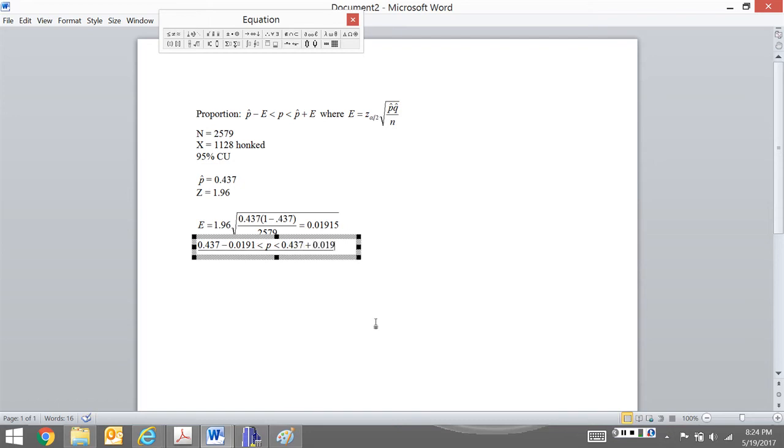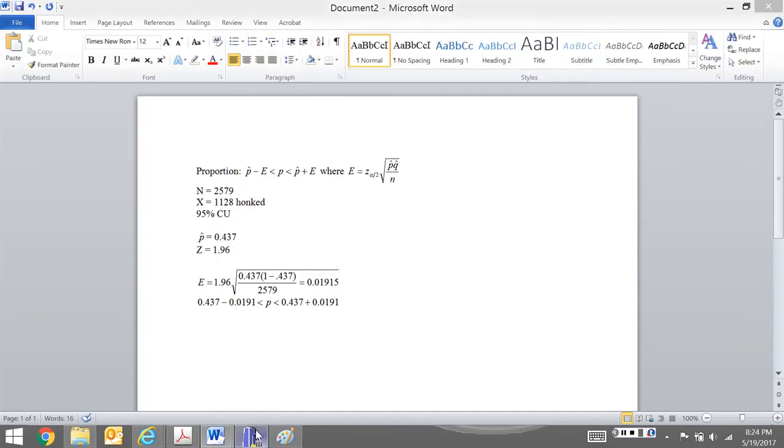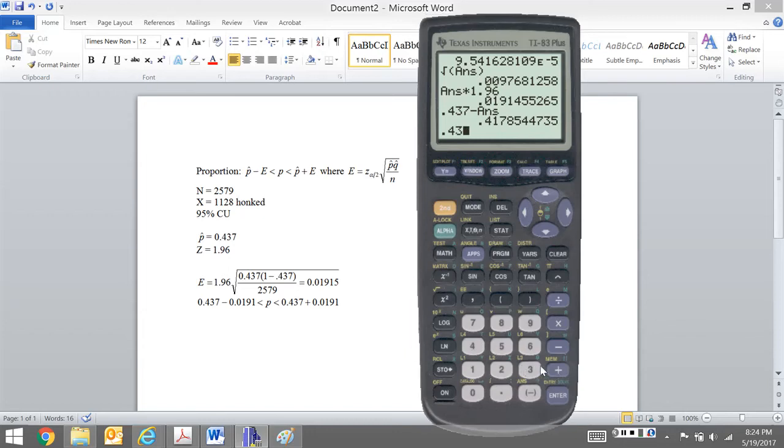So on each side of it, I'm subtracting and adding this error, and that's going to give me my confidence interval. So I'm going to do 0.437 minus this, and then 0.437 plus this. This is where you will have to round. I'm pretty good with my calculator, and I always end up at this point doing some rounding, but I'm pretty close, so I'm feeling pretty good about that.